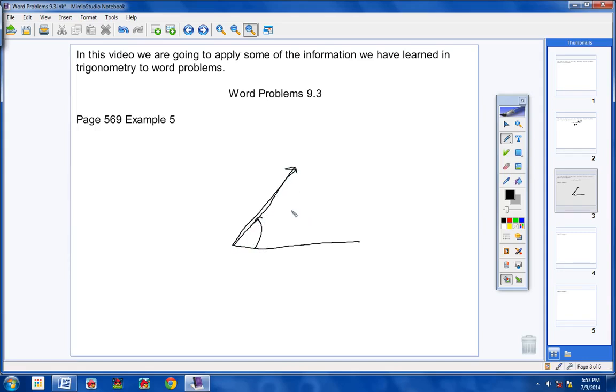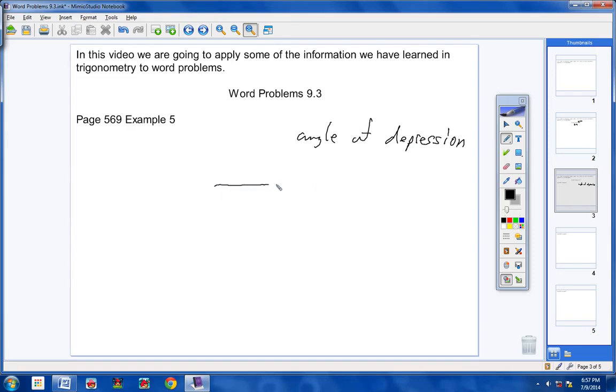It is going upward. And by the way, while we're talking on this topic, you might want to take some notes. If you hear the phrase angle of depression, that is not talking about an angle that is sad. It's talking about depression going downward. So an angle of depression would look like this. You would draw a horizontal line, and then you would draw a line going downward, and this would be your angle of depression.